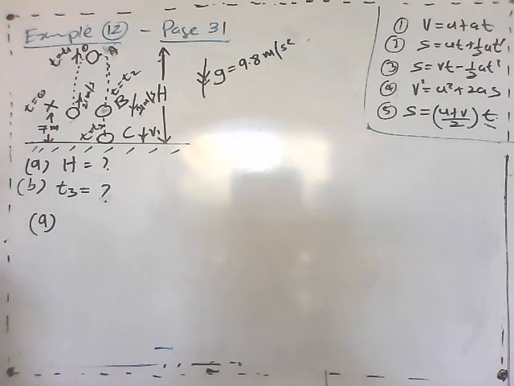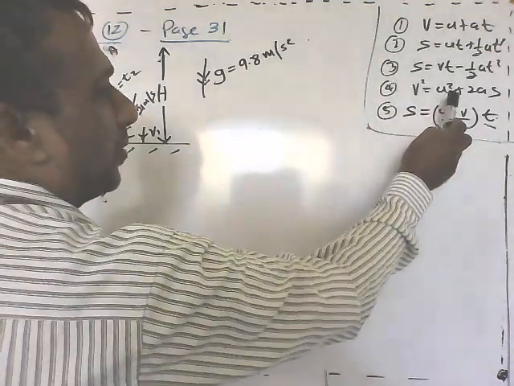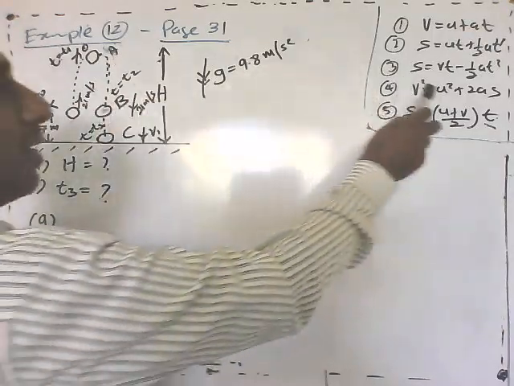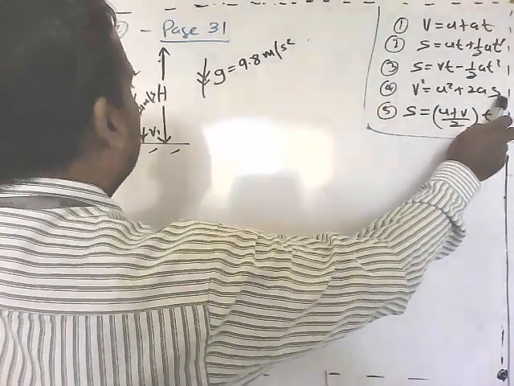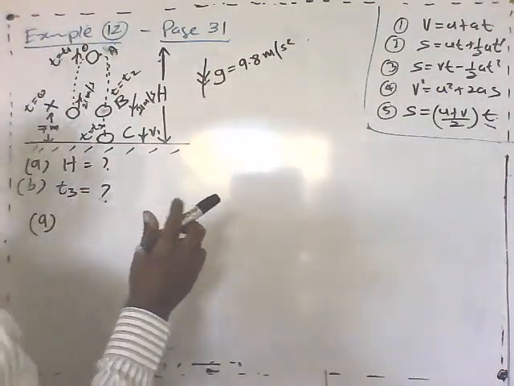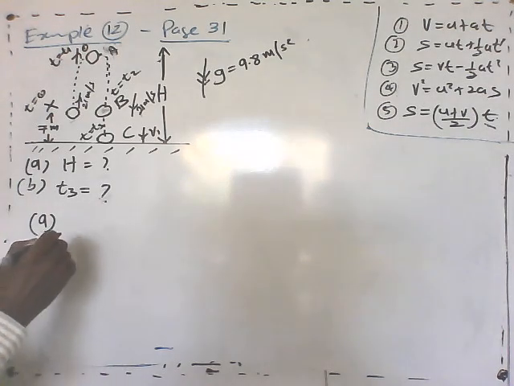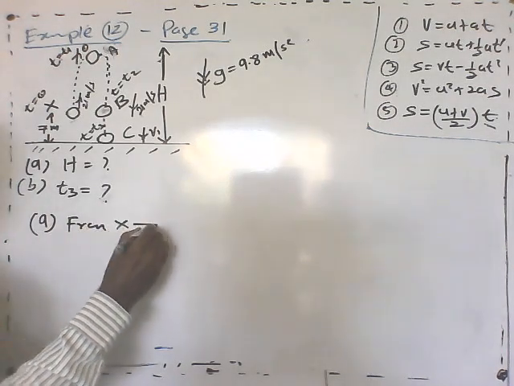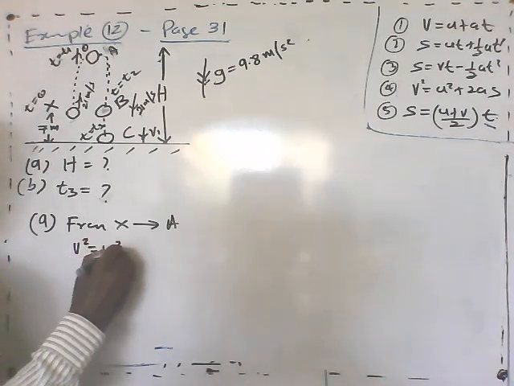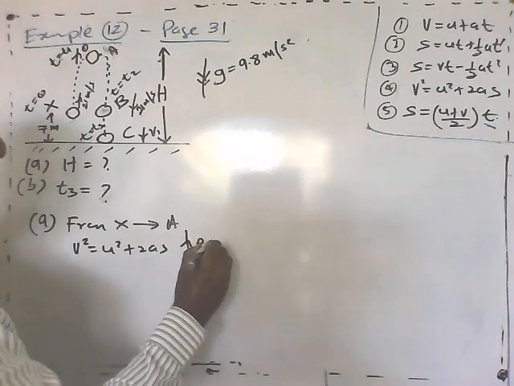To find H, maybe from X to A, we can put v squared equal u squared plus 2as, with the final velocity we know is 0, and the initial we know is 21, and the acceleration g. So we will apply, from X to A, v squared equals u squared plus 2as, with upward as the positive direction.